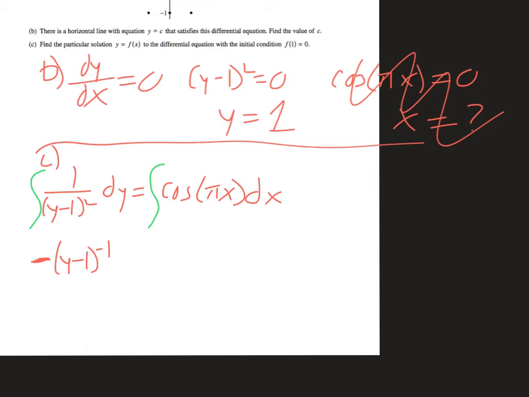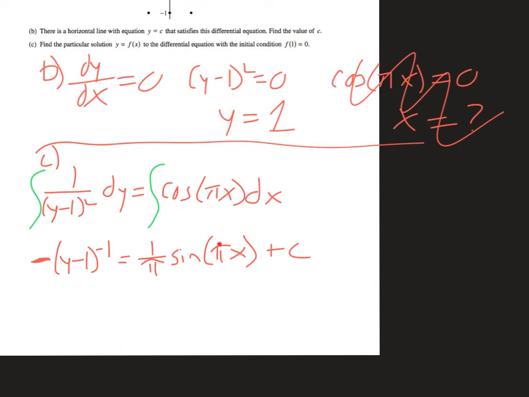Right-hand side, we do need to do a little bit of u substitution. And if you work that out, you should get 1 over pi sine of pi x plus c. Now you could go ahead and show the u substitution or substitution rule, whatever you want to call it, but I prefer to think about this as, if I were to do this with chain rule, taking the derivative of this chunk here, I know that the derivative of sine would give me the cosine.